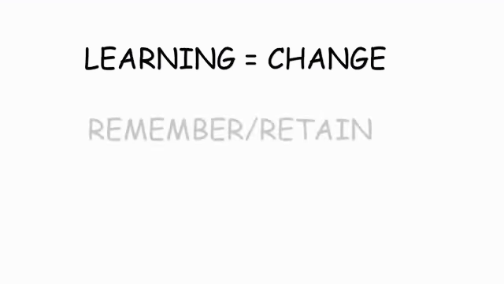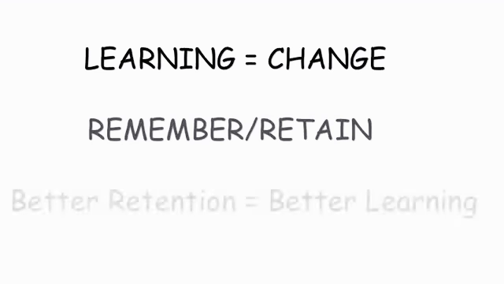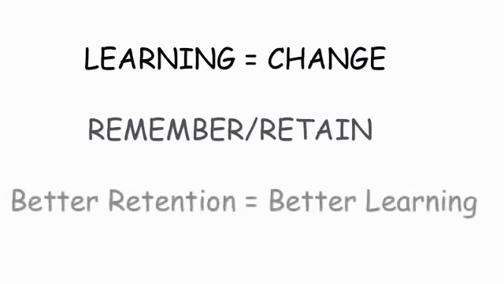The change in what we know has to start with how much new information we remember. Or in other words, how much of the new information are we retaining? If we retain more, then that would make the change in knowledge more. Therefore, better retention equals better learning.